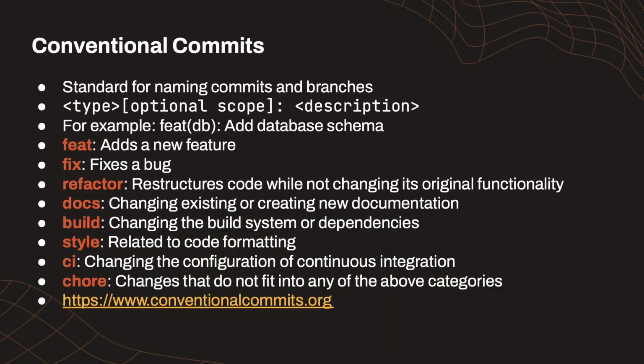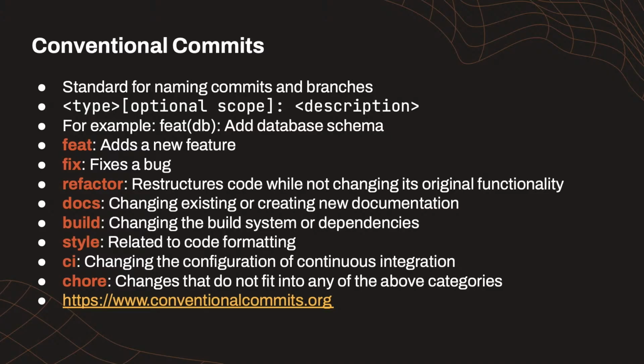So generally, when you're making commits, it's ideal to have them where you actually understand what that commit is specifically doing. So conventional commits is basically just a standard for naming commits as well as branches, and it generally follows that syntax of type, optional scope, and description. For example, you can have a commit message of feature, DB, and database schema.